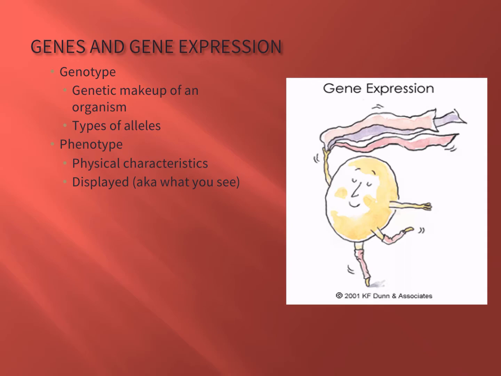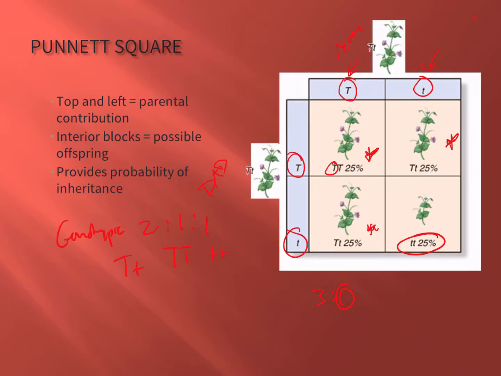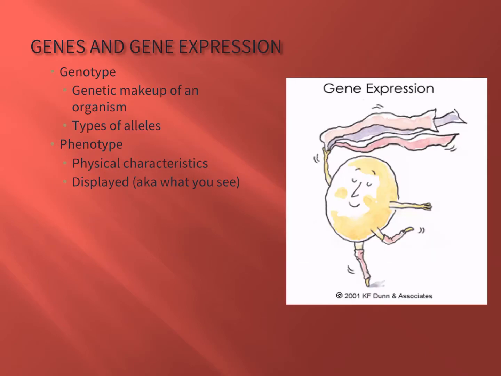So in the case of the plant, is the plant tall or short? It's short. But it does have the genetics, in the case of the heterozygote, this tall plant here has the genetics to be short as well, even though it happens to be tall. So genotype versus phenotype.